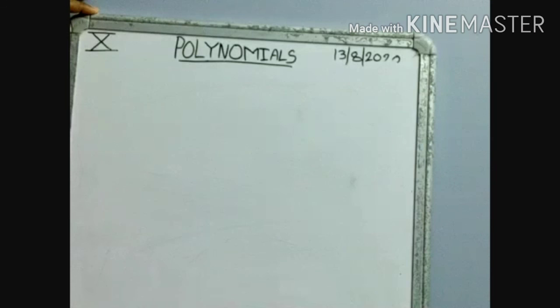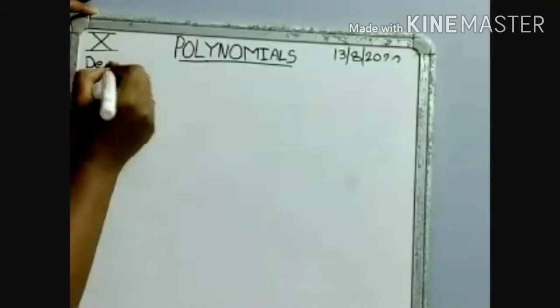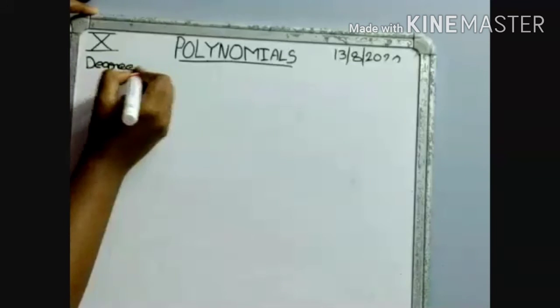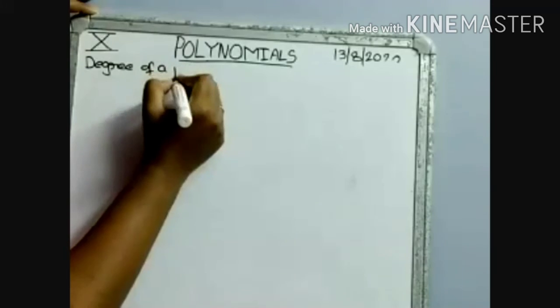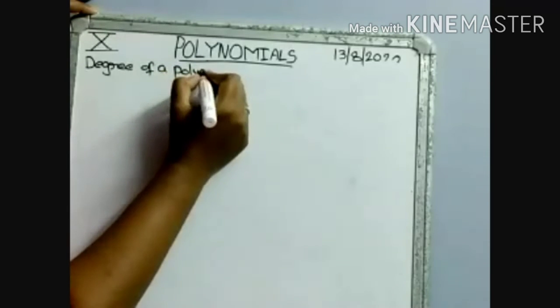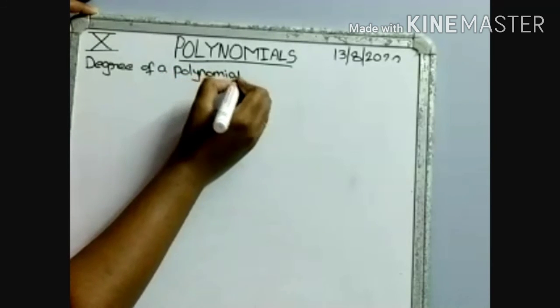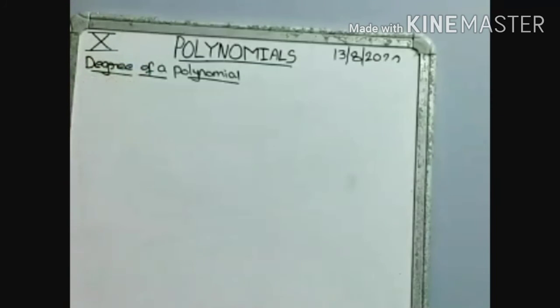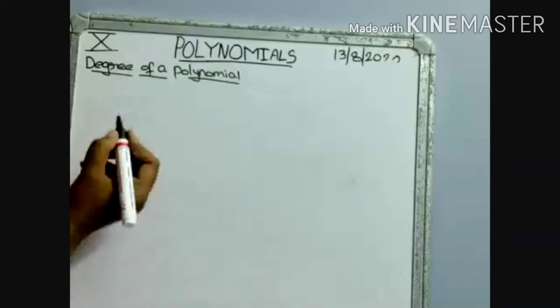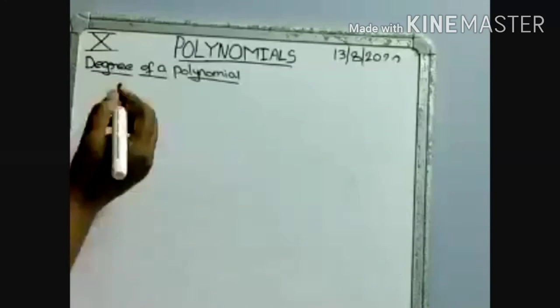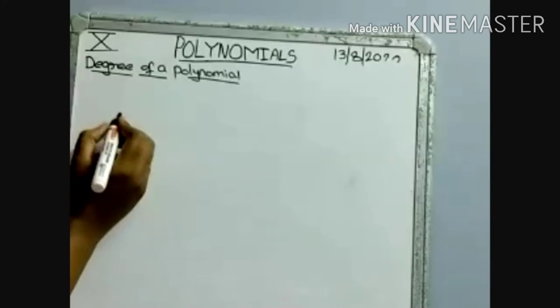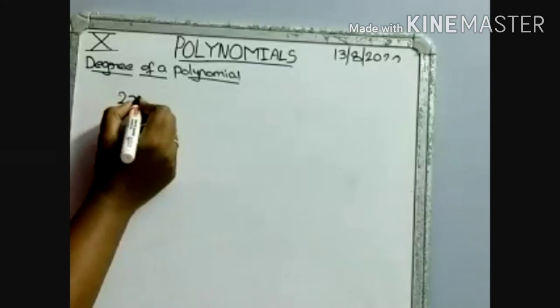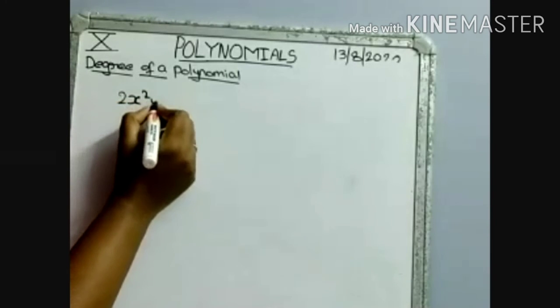See, ma, degree of a polynomial. Degree means what? Suppose we take one example. Take 2x square y cube.